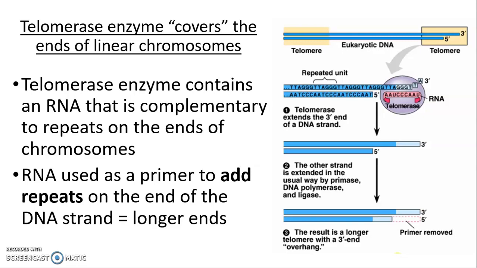And what people have found actually is as your cells age, the telomeres, or the number of these repeats on the ends of your chromosomes, actually get shorter and shorter. And they found if they added an extra telomerase enzyme to some cells and bred up some fruit fly to have this extra telomerase activity, those fruit flies actually lived a longer lifespan.